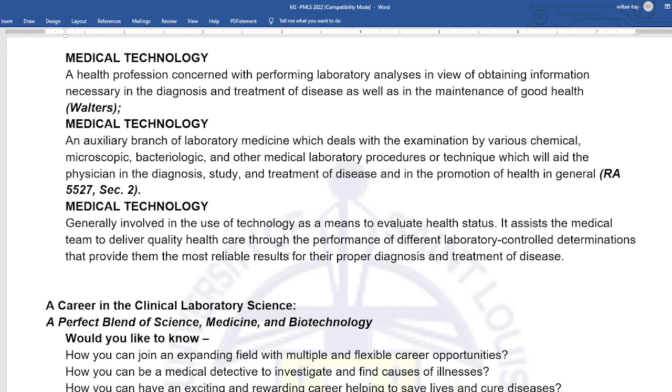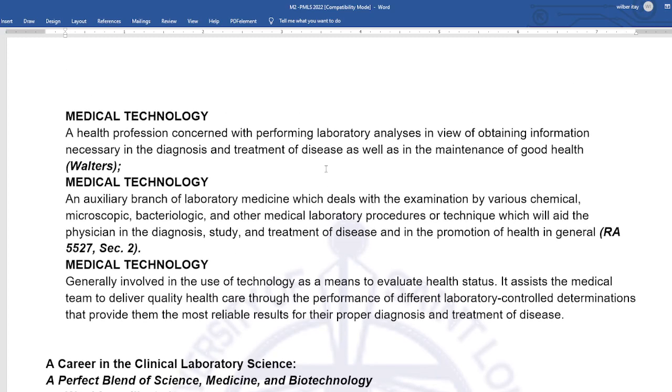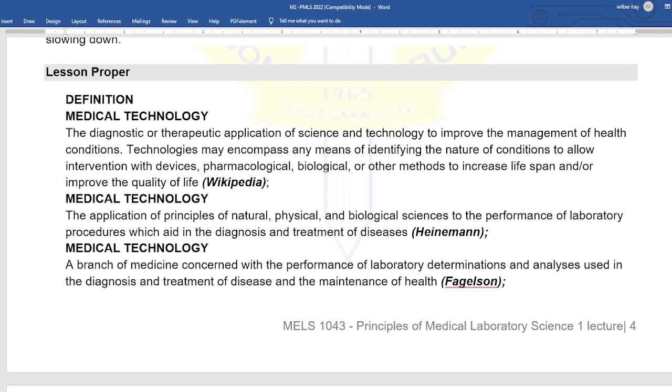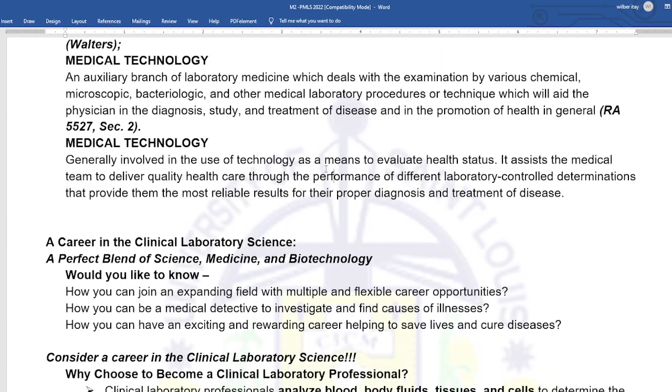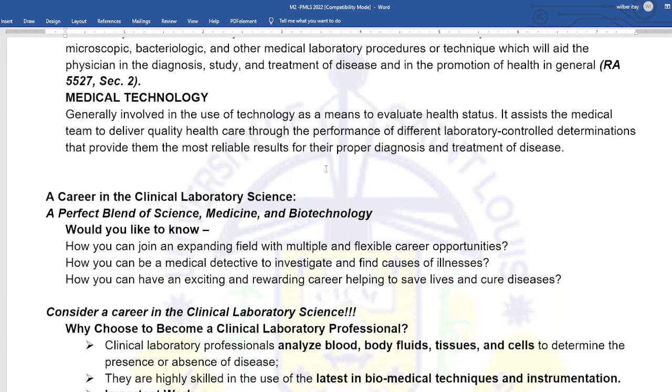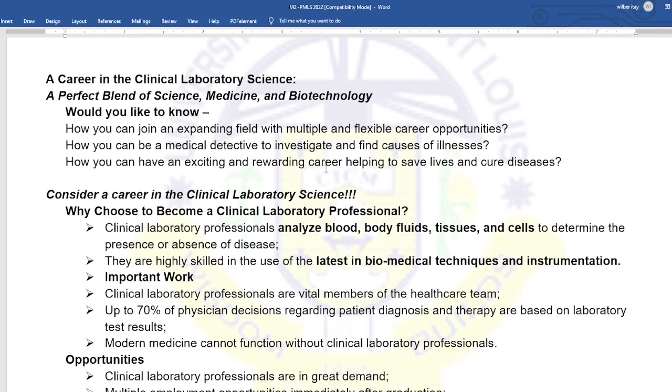So, the definition made by different persons or groups is almost the same. So what we do in the laboratory, guys, these definitions are mainly focused on our work as clinical laboratory technologists or medical technologists in the hospitals.